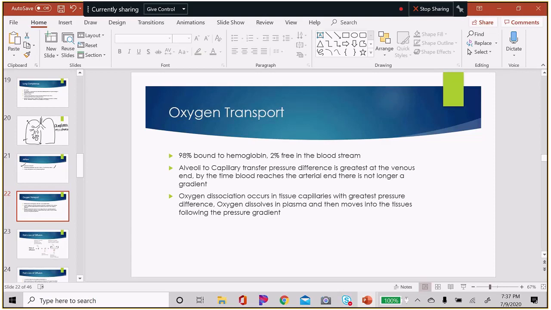We want them free of any debris or inflammation that would affect resistance, and we want them to stay open and not compress or collapse because that will cause air trapping. And then we want the lung tissue to be spongy enough to be compliant enough to take in air. And the whole reason is because we want to get the air down to the alveoli where there is oxygen and carbon dioxide transfer.